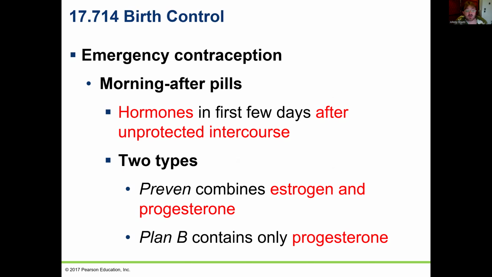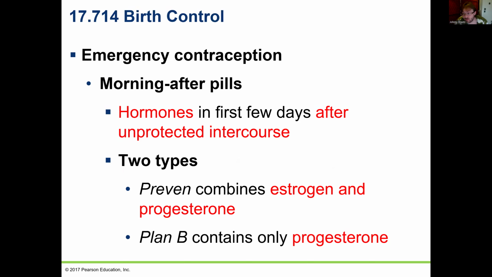Now, emergency contraception. This is contraception that's intended to be taken after intercourse. And there are kind of two types. We call these the morning after pills. The first is going to be an estrogen and progesterone treatment, and the second is going to be a progesterone treatment. Either of these are going to cause a little bit of chaos down there.